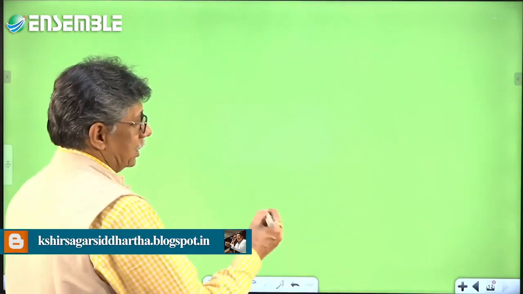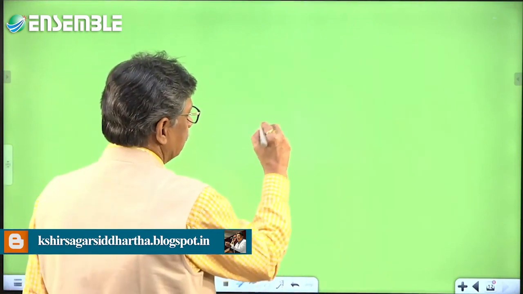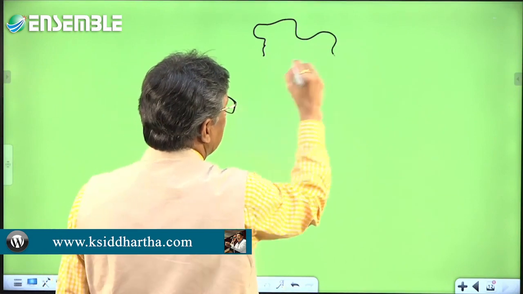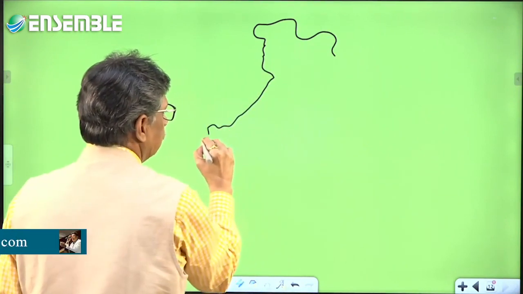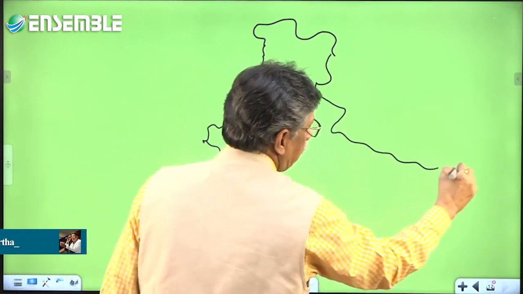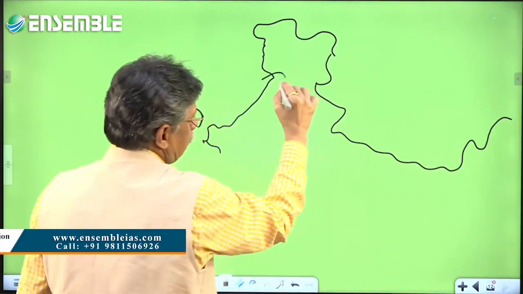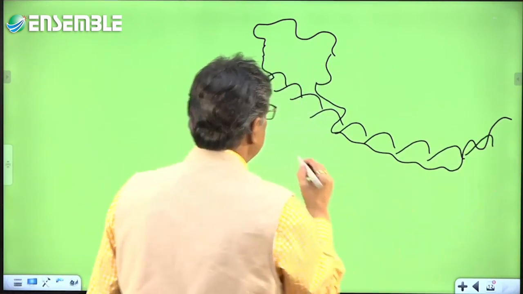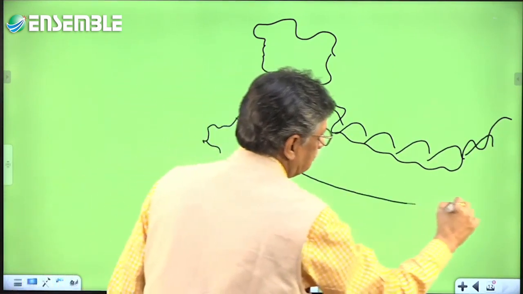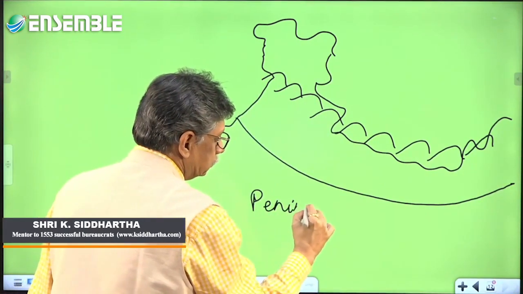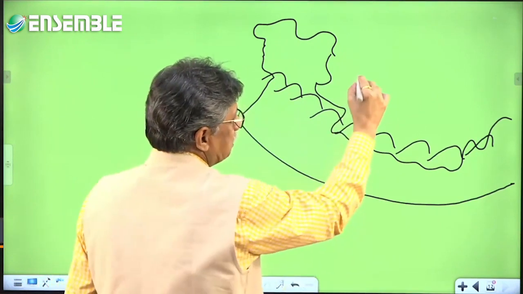And as the Himalayas formed, the Himalayas led to the formation of a deep trough in front of it. This was the peninsula. The Himalayas had formed now.